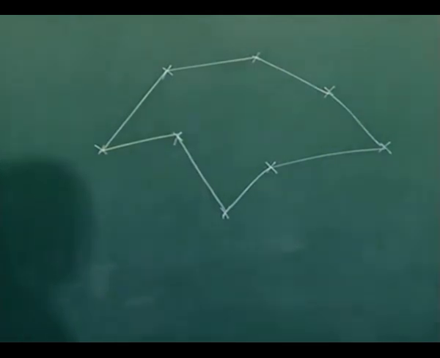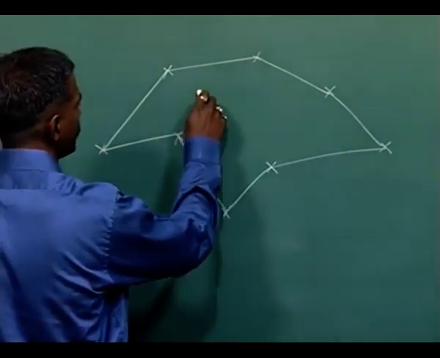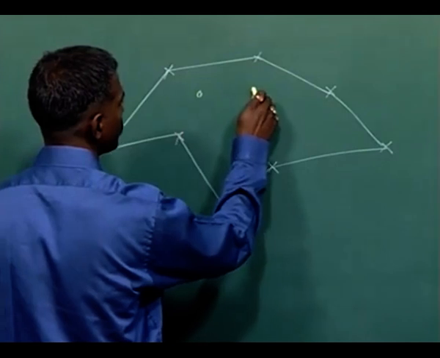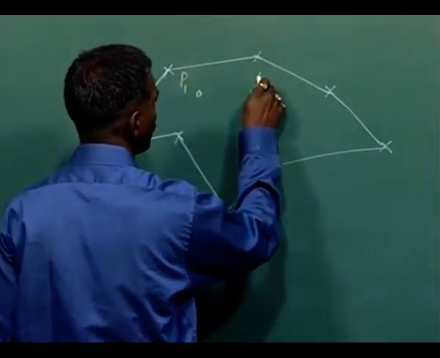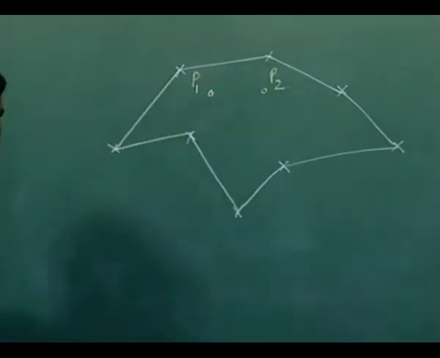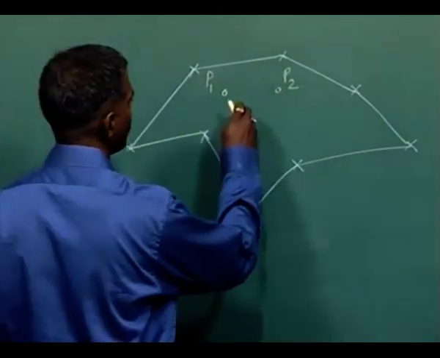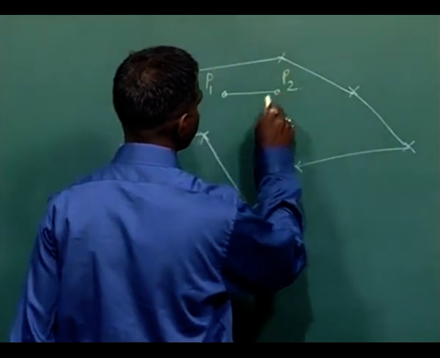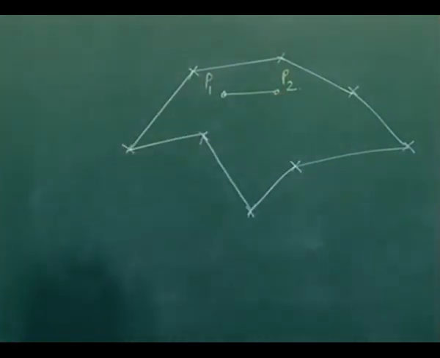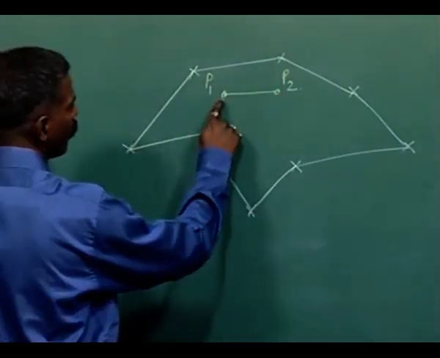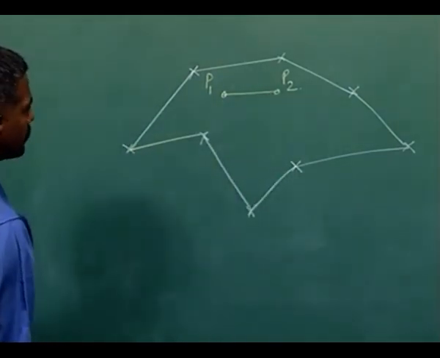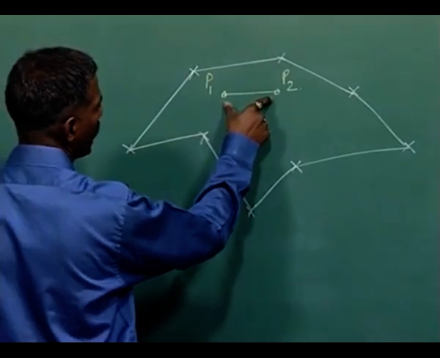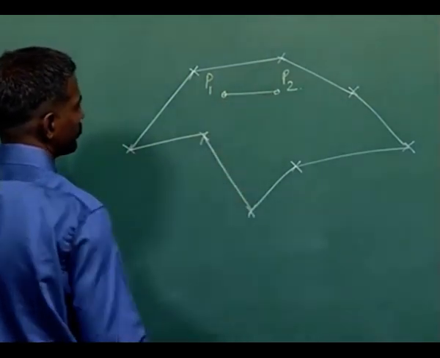By definition of a convex hull, if I choose any 2 points P1 and P2 within the hull, and if I draw a straight line, then all the points in the straight line, or in other words, the entire straight line, should lie within the convex hull.